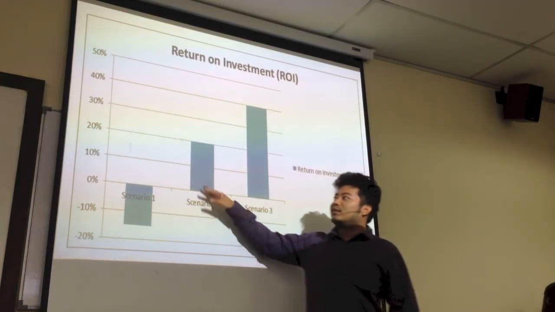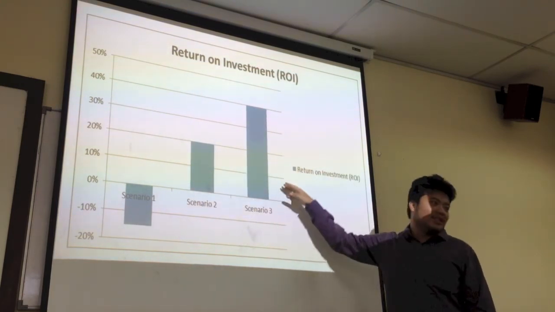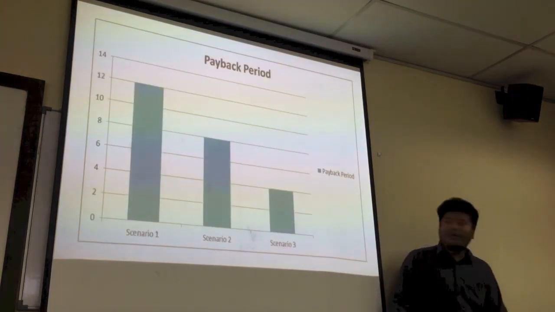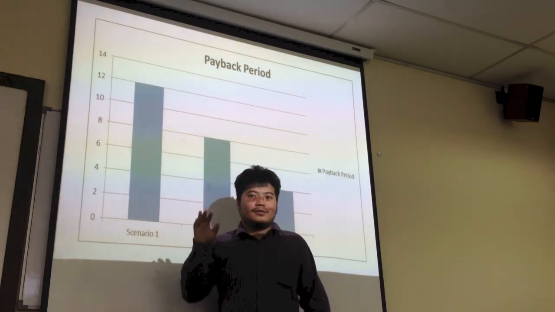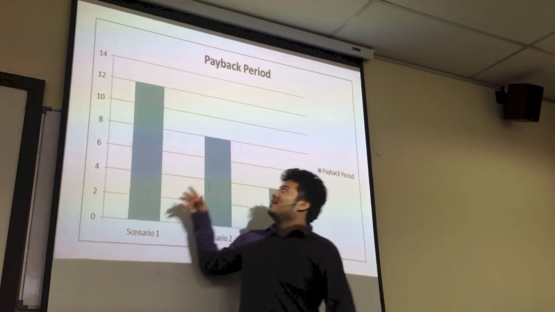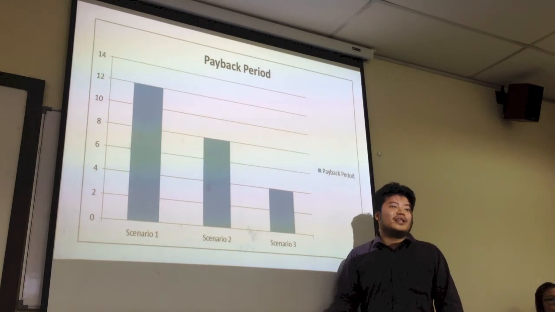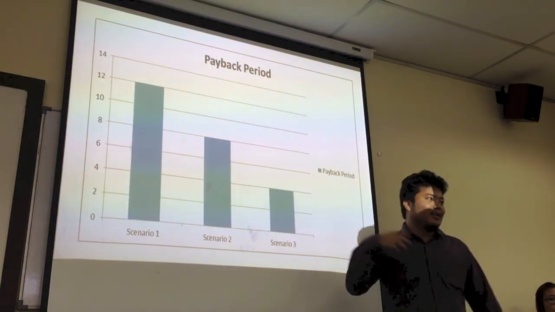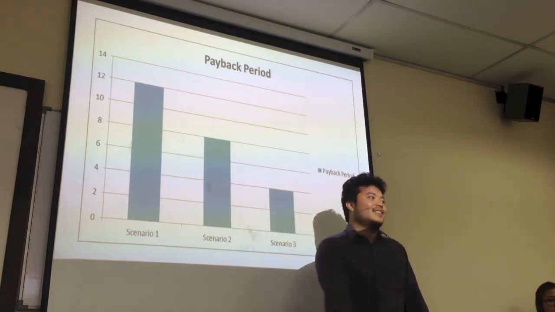Scenario 2 has an average of 20% and scenario 3 has the highest return on investment. And the payback period would be longer for the first scenario because the return is so little that it needs longer time to get back. In scenario 3, the return rate is high, therefore in a short term of 4 years you can get back the investment that you invested.